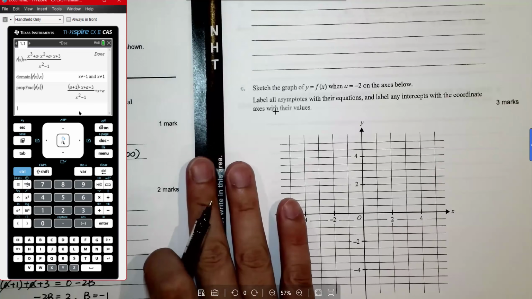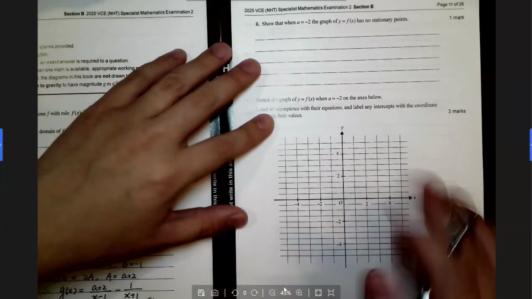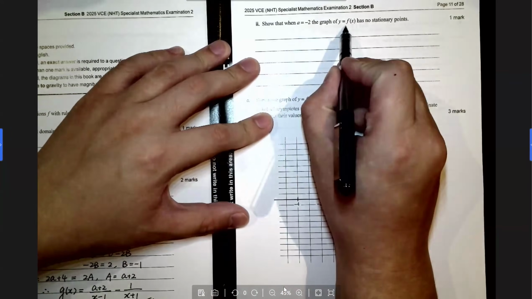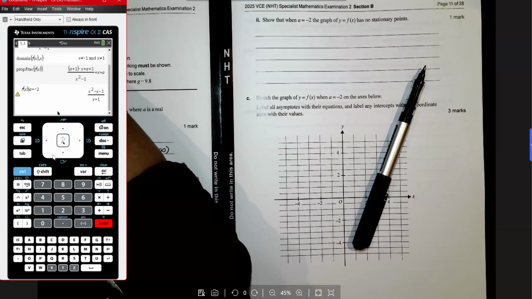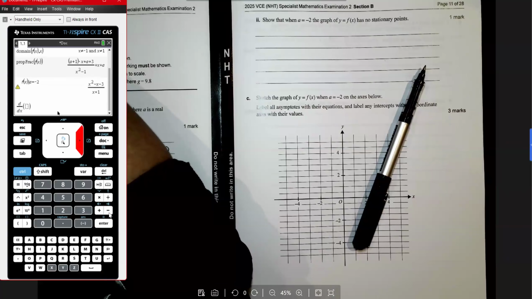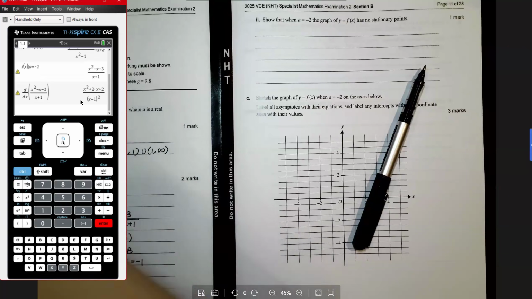Okay, next thing is we're going to say, show that when a equals minus 2, the graph has no stationary points. So probably I can just get, for example, f of x given that a equals minus 2. You have this expression, and we take the derivative, and we'll get an expression like this.